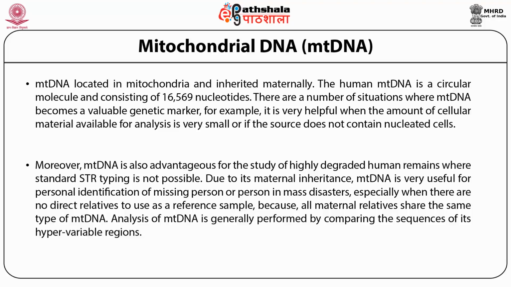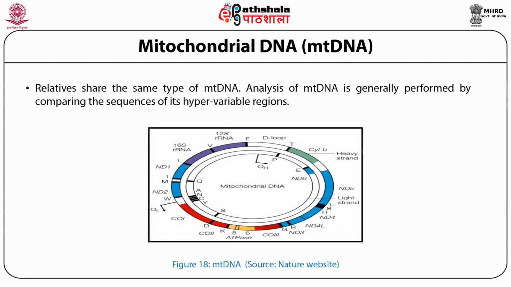Analysis of mitochondrial DNA is generally performed by comparing the sequence of its hypervariable region. Figure of mitochondrial DNA. This mitochondrial DNA is inherited mainly from the maternal line only, and it consists of more than 16,000 nucleotides.